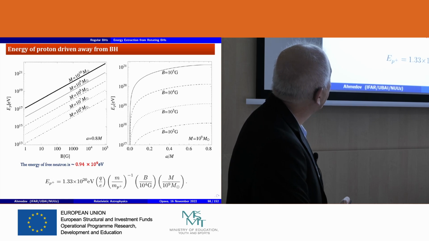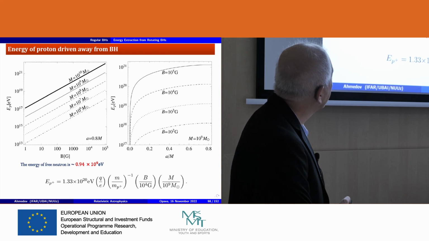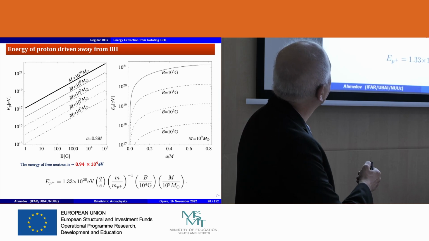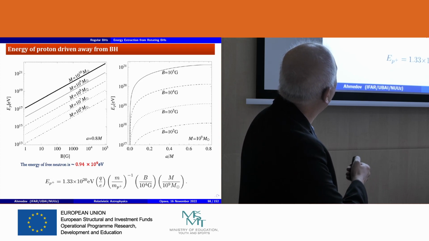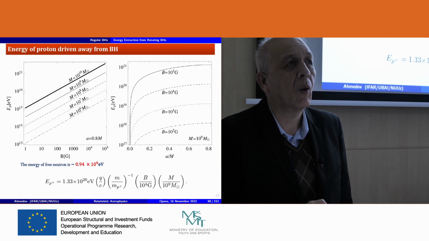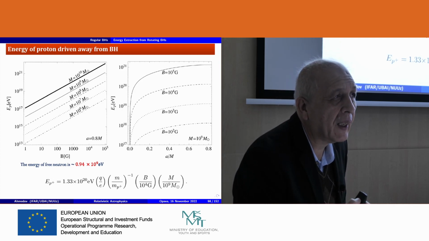Then we see that if we have a magnetic field of about 10 to the power 4 Gauss, and the mass of the central object is 10 billion solar masses, then a particle energy of 10 to the power 21 electron volts, which we call an oh-my-God particle, can be created there.